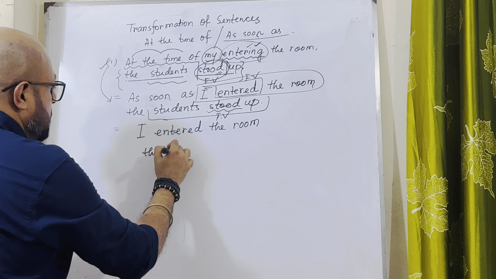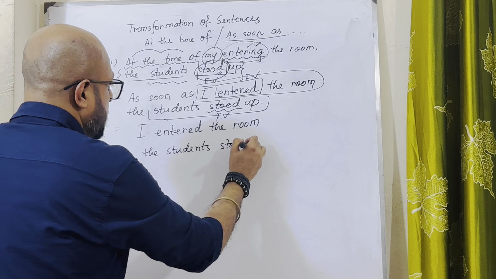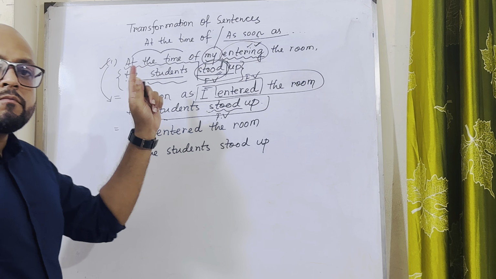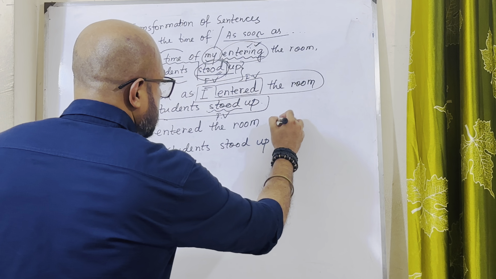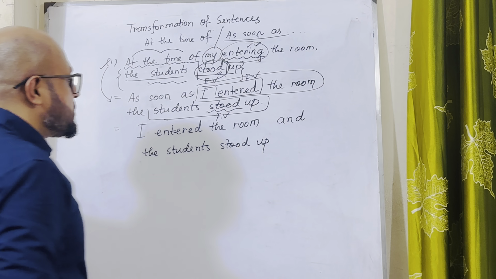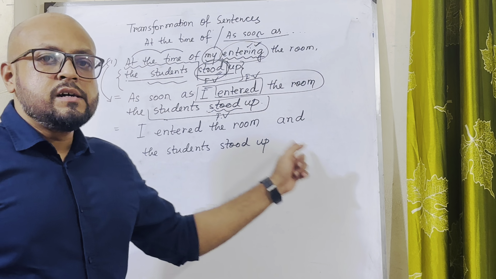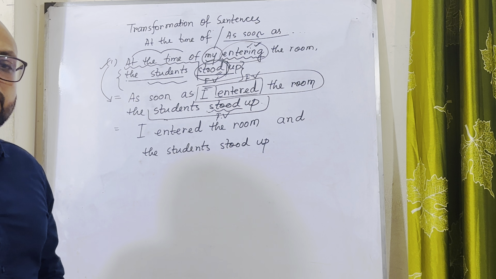The second clause will be the students stood up, and I need to join them with a coordinating conjunction, "and". I entered the room and the students stood up.